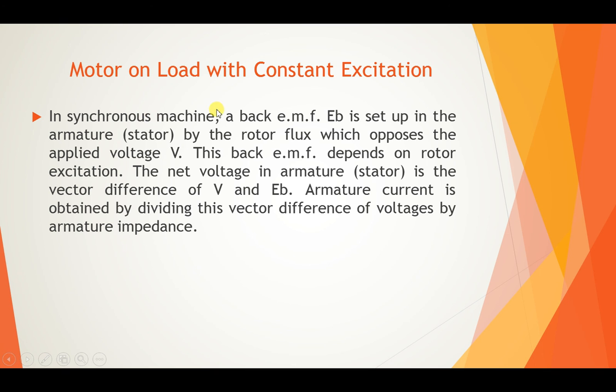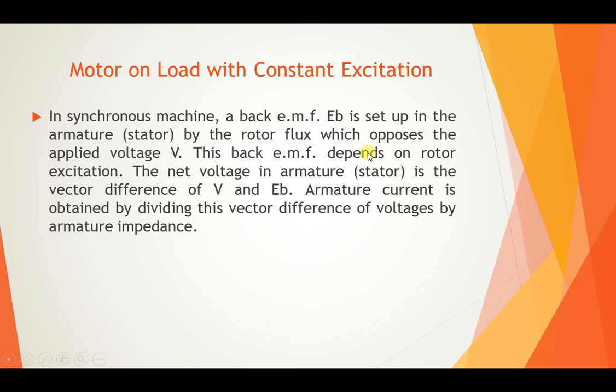As we know, we supply a three-phase supply to the stator, and DC excitation to the rotor. So the rotor produces flux and it cuts the stator. In this way, an EMF, or back EMF, is induced in the stator, which opposes the applied voltage.